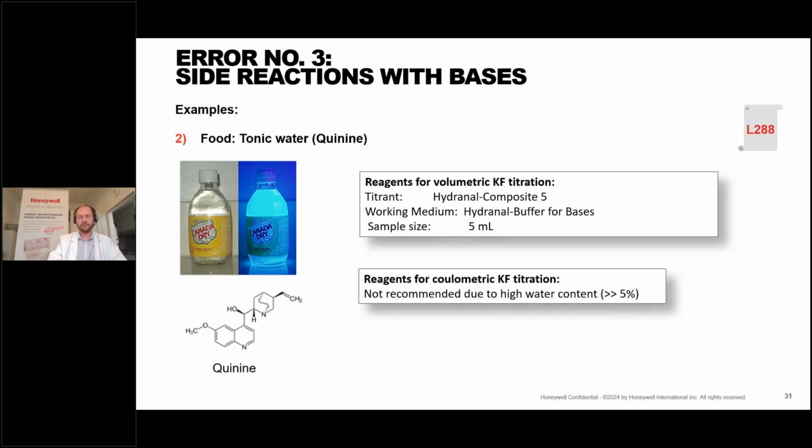And just for the sake of completeness, I have also shown here that the coulometric titration of tonic water would, of course, not be recommended due to the very high water content of the soft drink, so only the volumetric titration would make sense in this case.